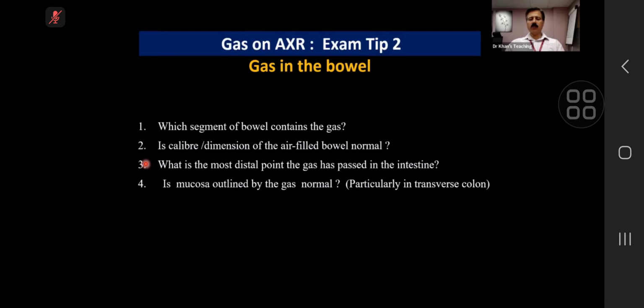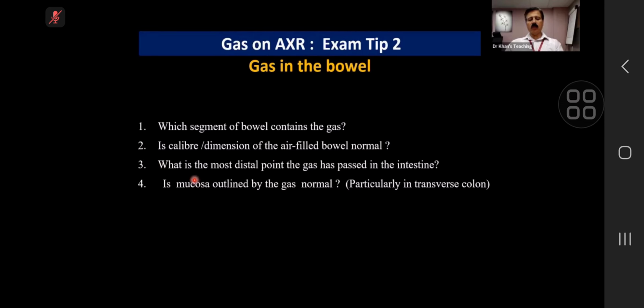Please remember the concept that when there is a complete obstruction, it takes about 24 hours or so for the gas to absorb distally. But after that, there might not be any gas in the rectum. So it becomes an important pertinent point, though the specificity is quite low.